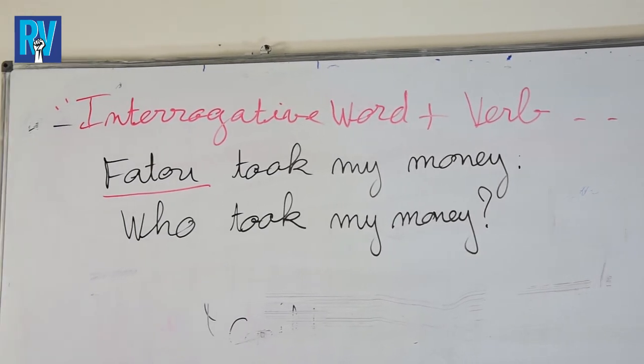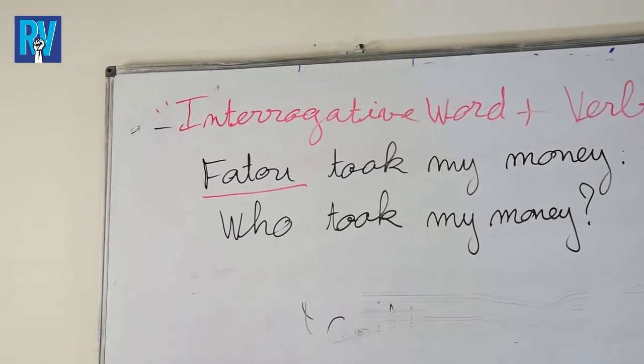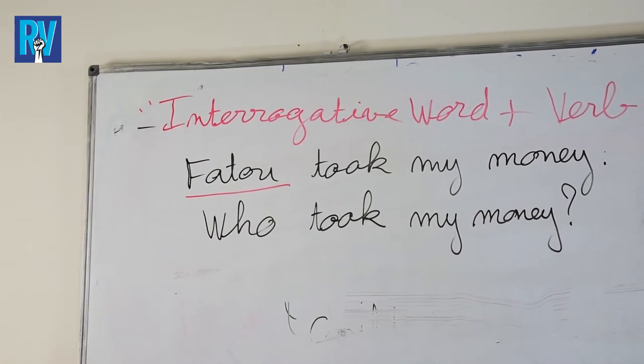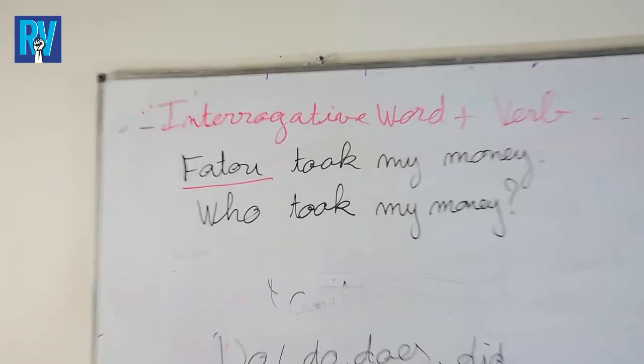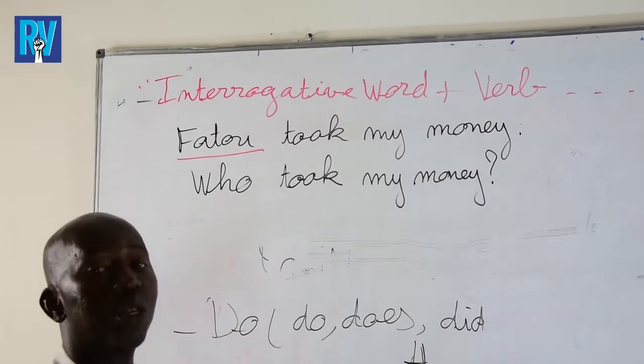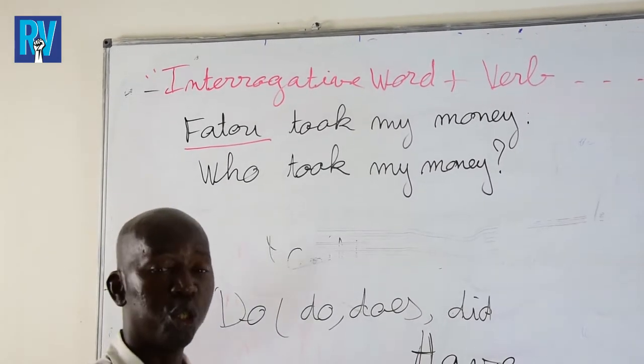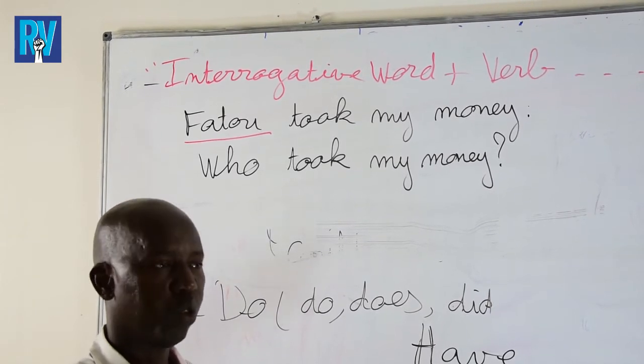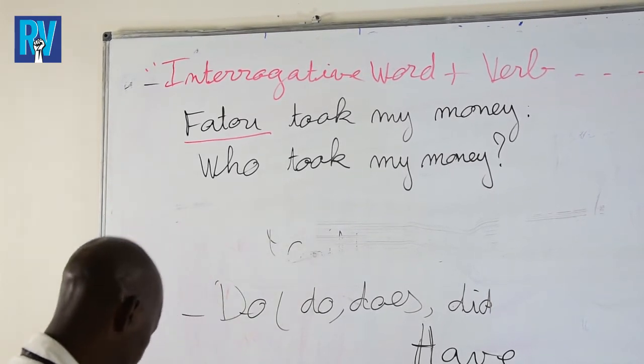And the answer is Fatou. This is another type of question. Who took my money? Fatou. Donc on a ce type de question quand la question porte sur le sujet du verbe. Nous avons mot interrogatif directement suivi du verbe.